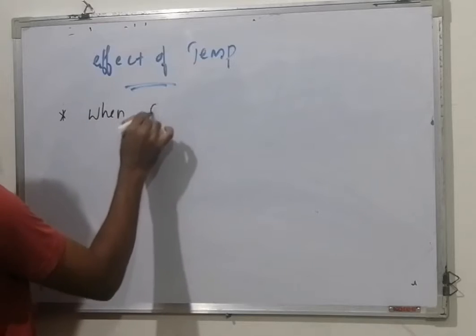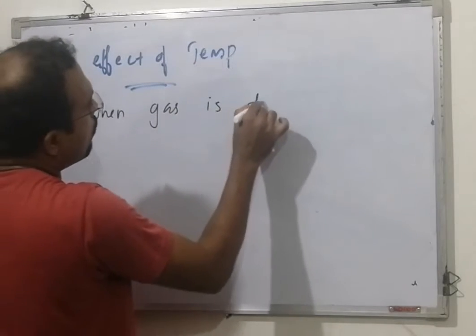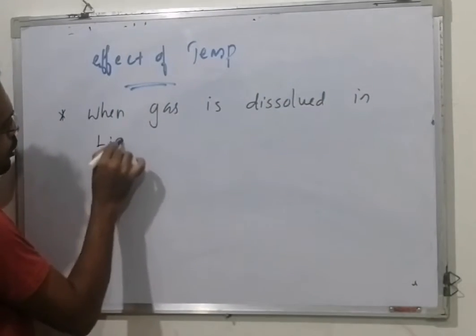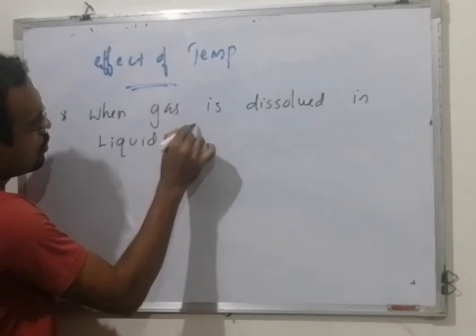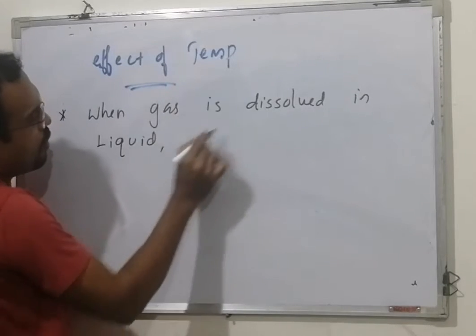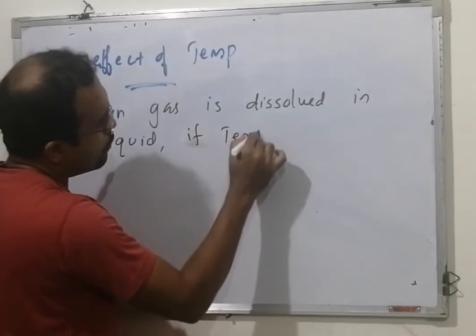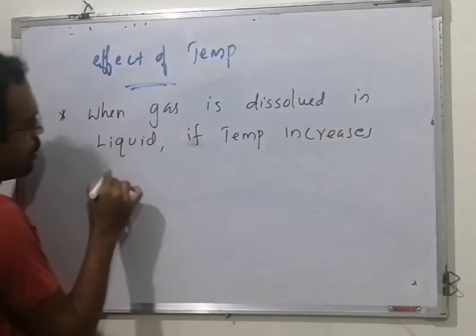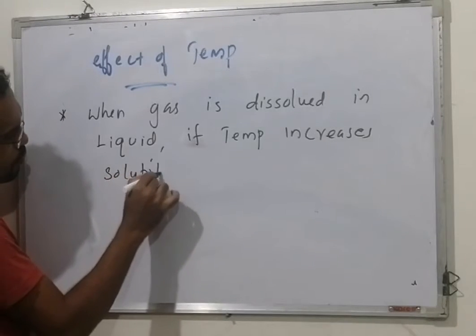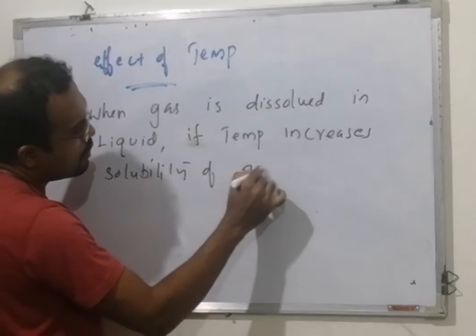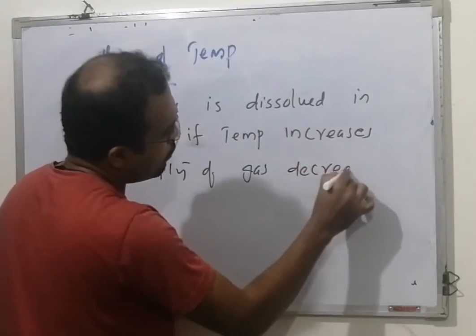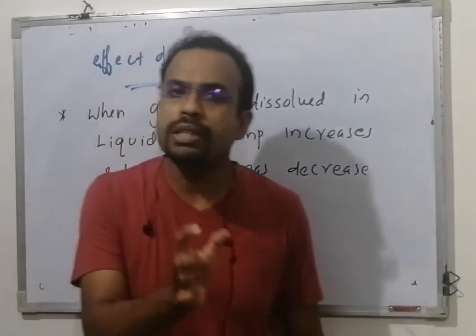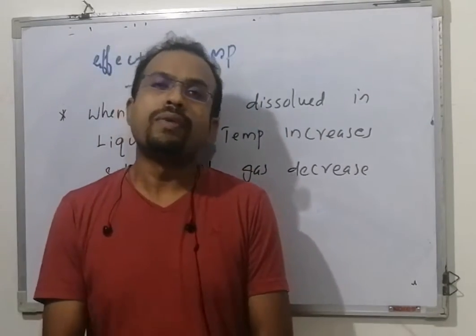When gas is dissolved in liquid, if temperature increases, solubility of gas decreases. Whatever the gas, its solubility will decrease when temperature increases.